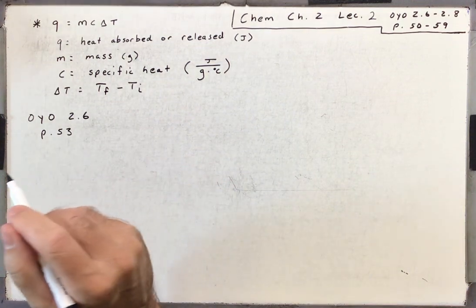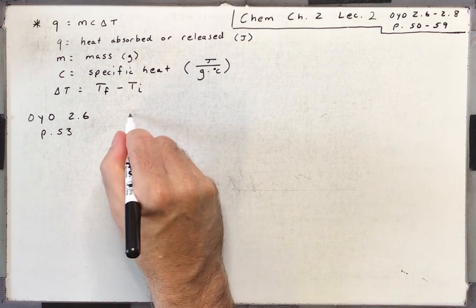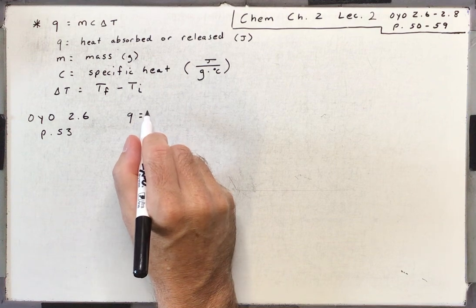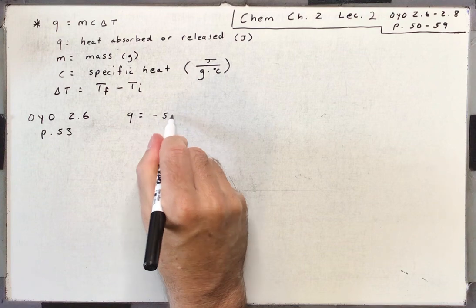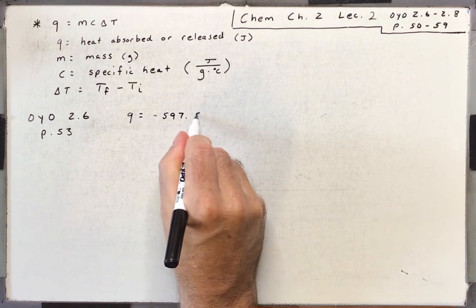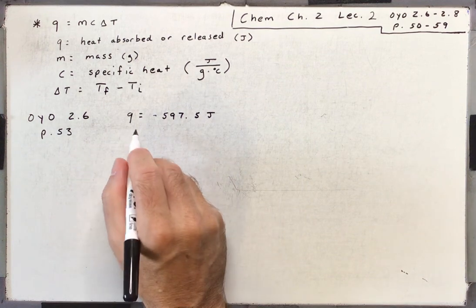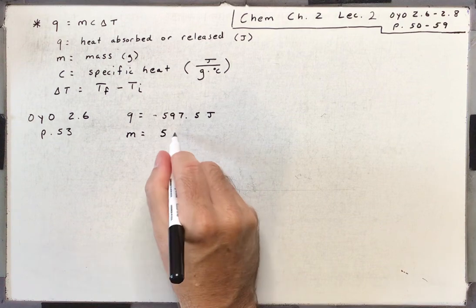So let's write down what we know about the problem. We know that Q, it says it releases 597.5 joules, so it's negative 597.5 joules. We also know the mass, that's 502 grams.